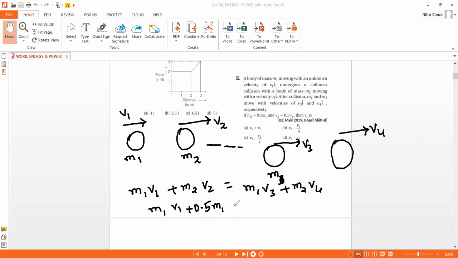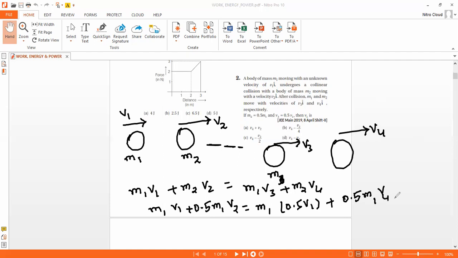This equals m1 times v3, they gave that as 0.5 v1, plus 0.5 m1 into v4.